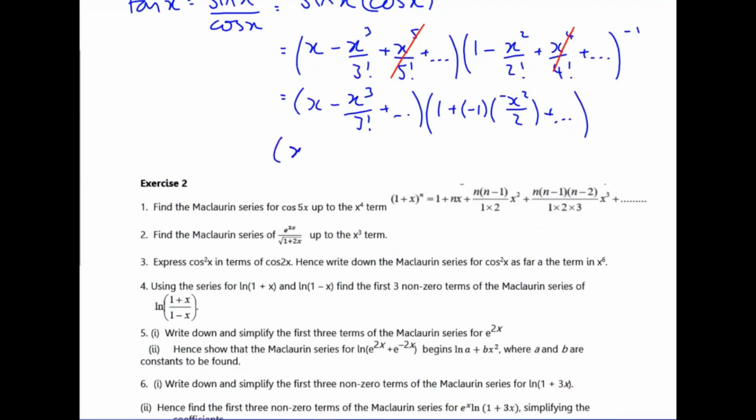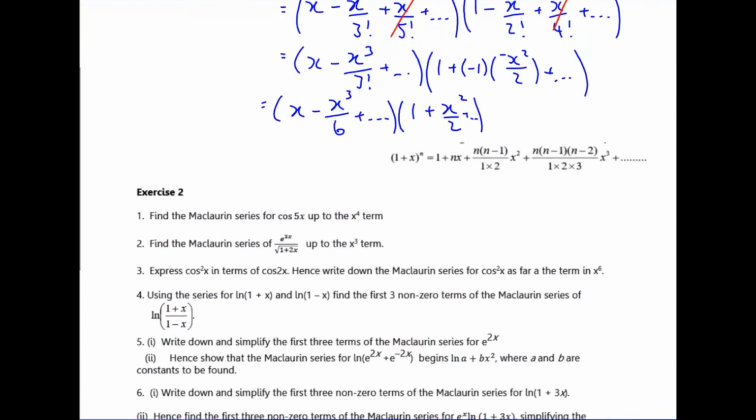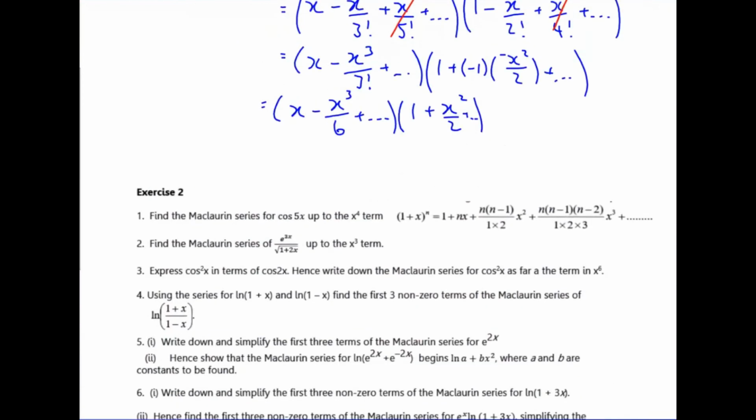So I'm expanding out now. So x minus x cubed over 6, and 1 plus x squared over 2, plus dot dot dots that we're not interested in. And now I just do this expansion and keep all the terms that are x cubed and below. So we've got x times 1, plus x times x squared over 2, so x cubed over 2.